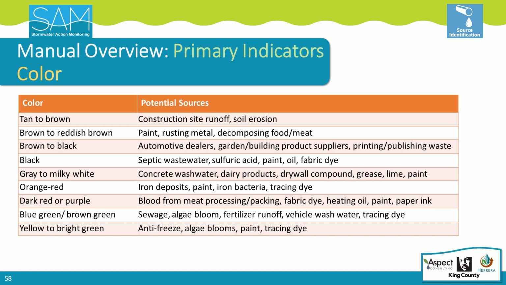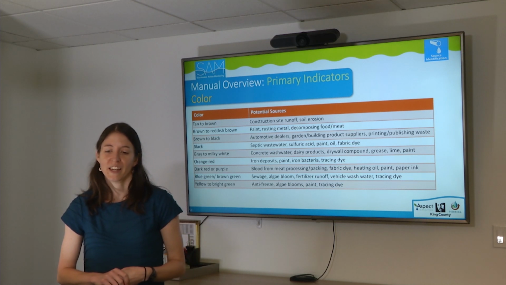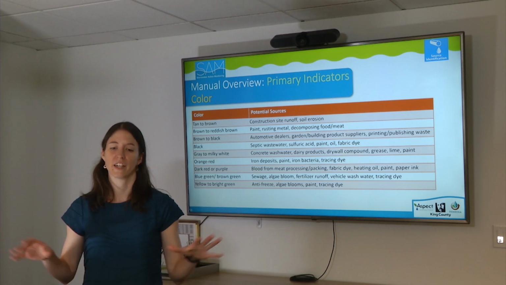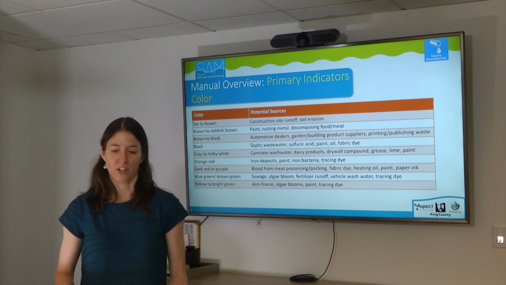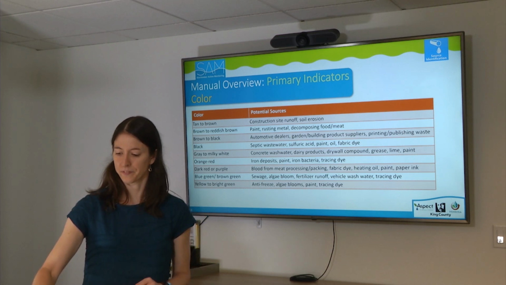Obviously some of these are pretty obvious if you're seeing dark red or purple. That's pretty striking, probably not something you see very commonly in stormwater. That could be blood from meat processing or packing, fabric dye, heating oil, paint, paper ink. There's a variety of different things here where you can take a look at your surrounding land use and where that might be coming from. So some different ideas there on how to follow up and determine what some of these sources are.